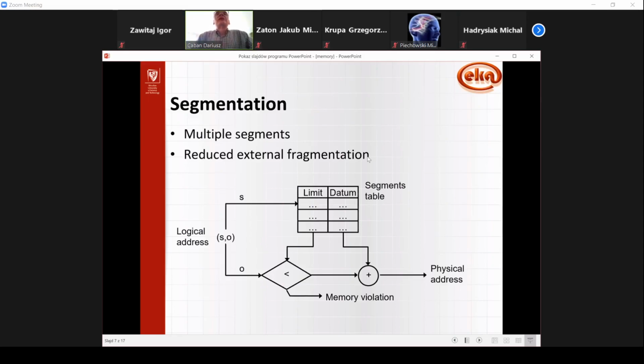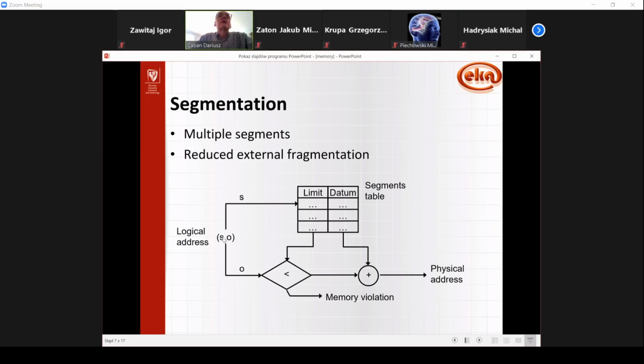So this is an in-memory table, which can only be sped up using some techniques, but it's actually inside memory that the program contains the datum and limit of each segment.